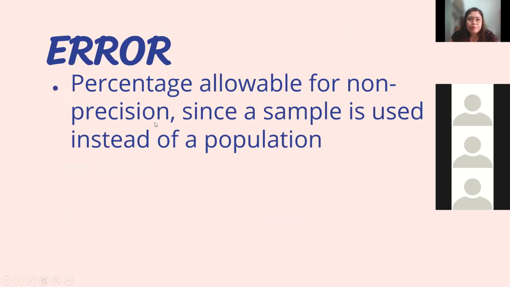It's the minimum. The error is the percentage that we allow as room for error, since we are not surveying all the members of the population, we are just taking samples. So we give a leeway for error, and that is just 5%.